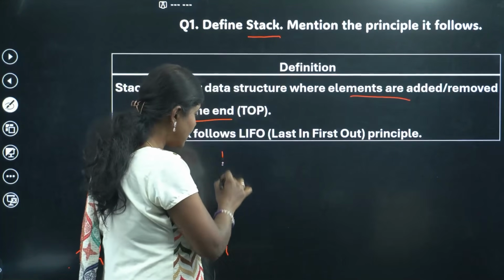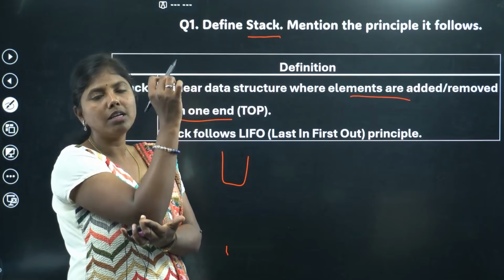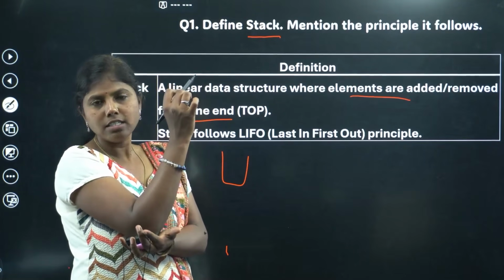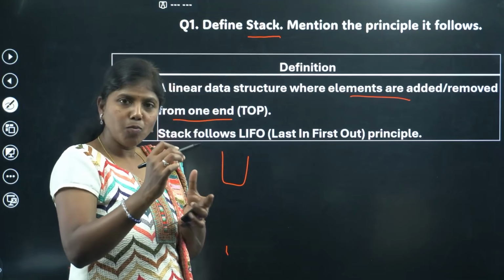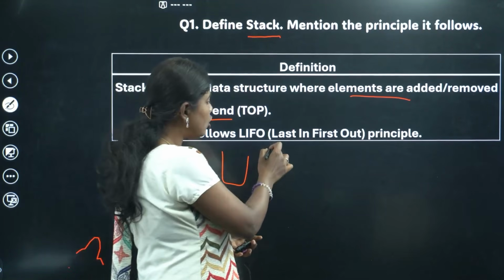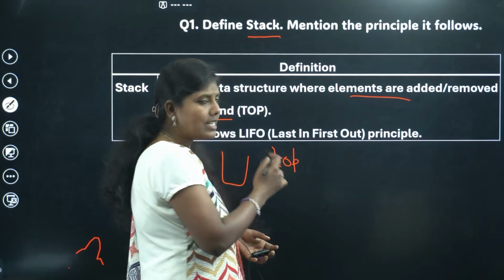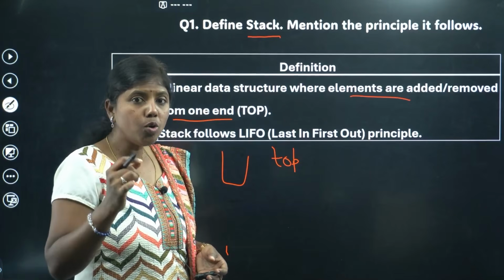That means I can't add a bangle from the other end, students. I would have to cut my hand for adding it, isn't it? So we can add a bangle and remove a bangle only from this end. I call this end the top of the stack. Is the point clear?